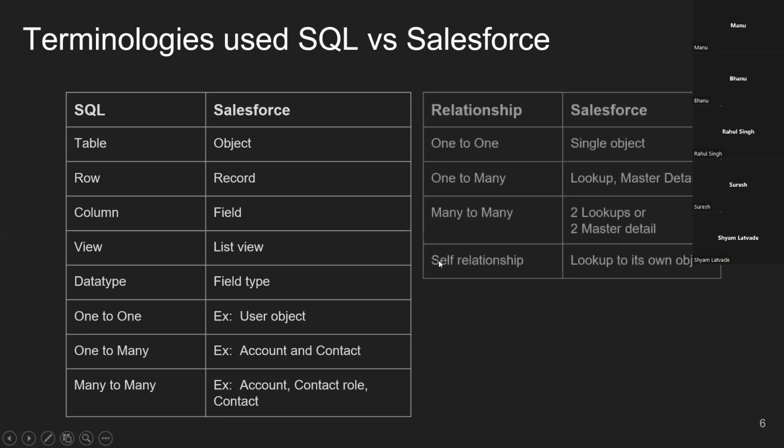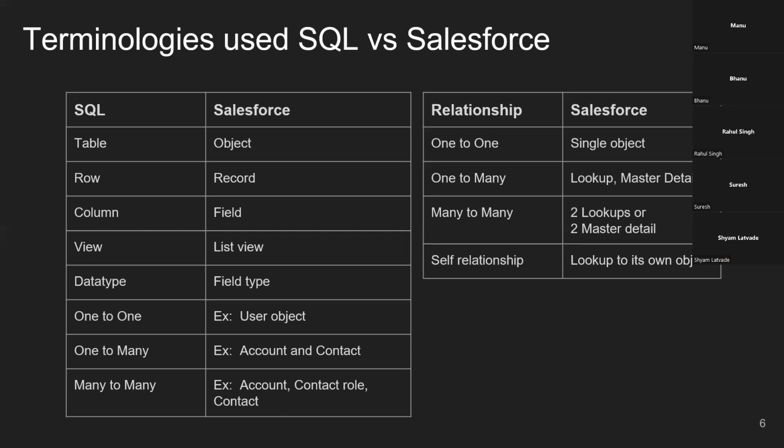One-to-one is a single object or can be two objects, as we have seen, country and capital.